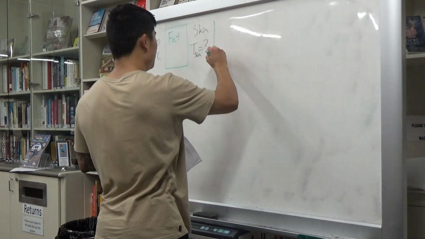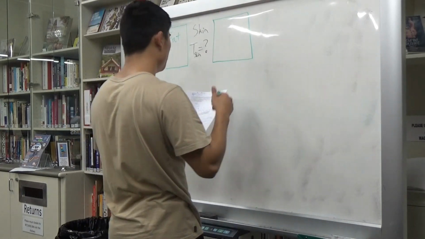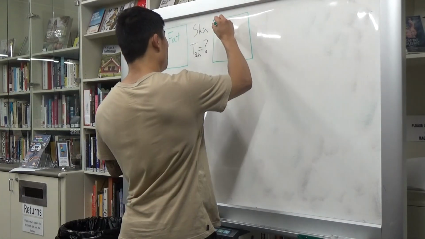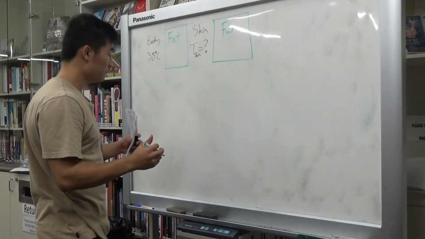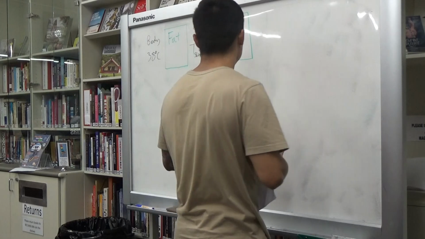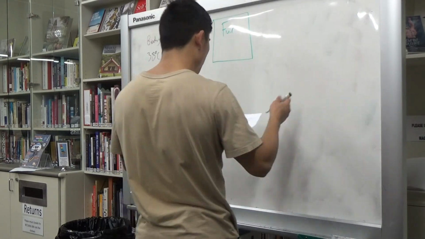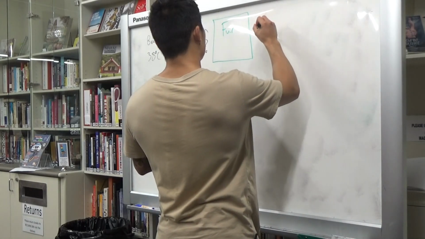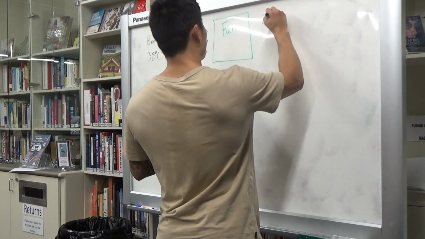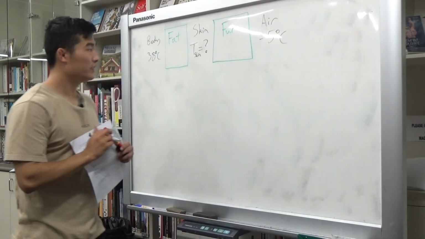And then on the outside of the skin, we have our second layer of insulation, which is the fur. And on the outside of the fur, we're going to have the air, which is -5 degrees Celsius. Okay.